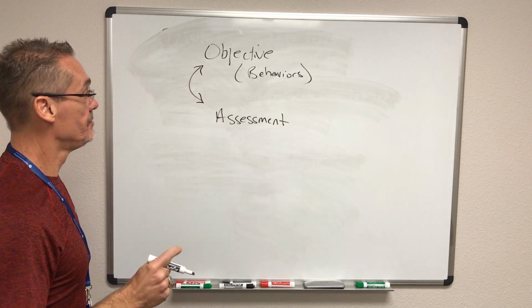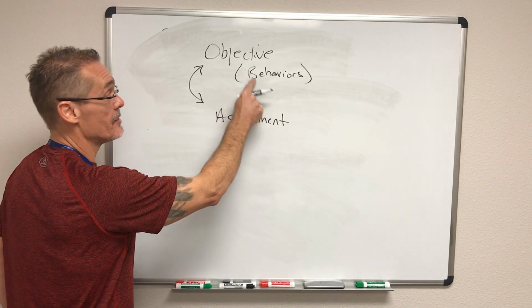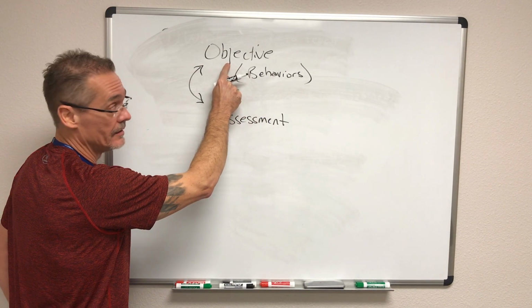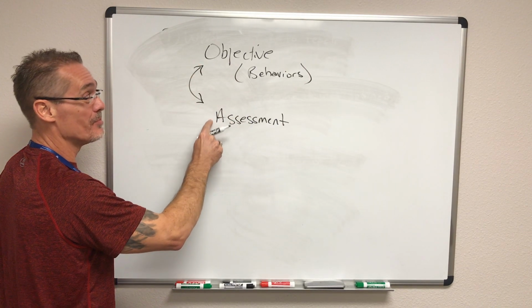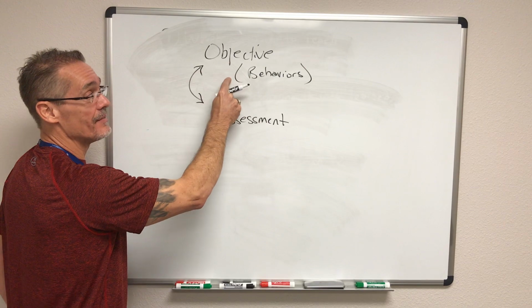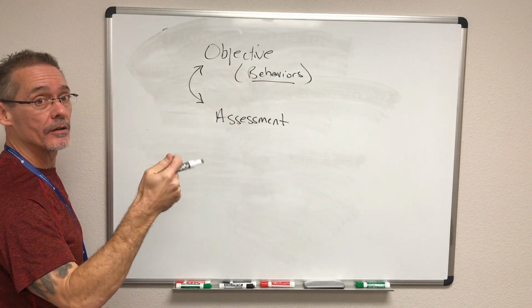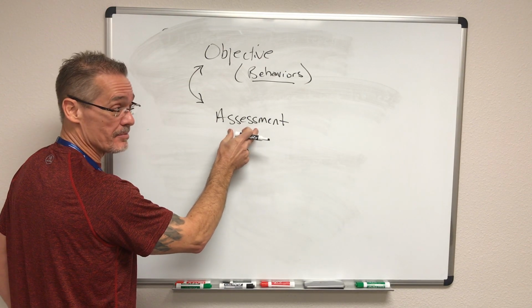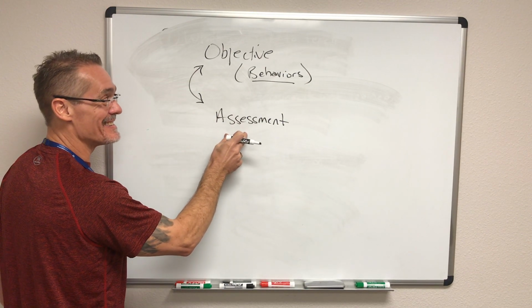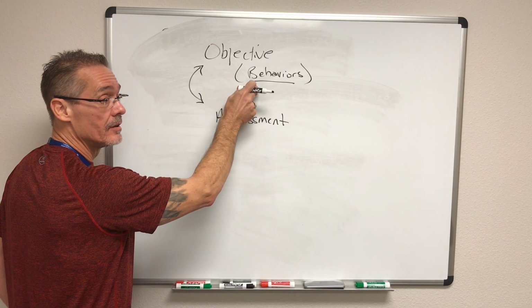What that means is when you look at all the behaviors in your objective that you want students to demonstrate, is your assessment assessing those specific behaviors, no more, no less? That's alignment. When you look at your assessment, is it assessing these behaviors?